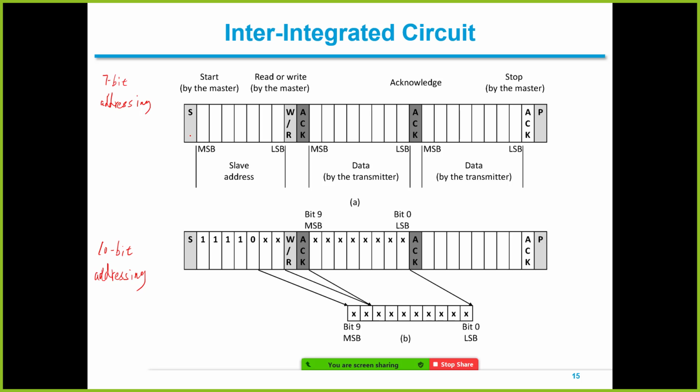This capital S represents the start bit. Followed by this start bit, you can see we have 7 bits here: 1, 2, 3, 4, 5, 6, 7. These 7 bits are the address for the slave. Then the next bit is the read or write bit, followed by the acknowledge bit.